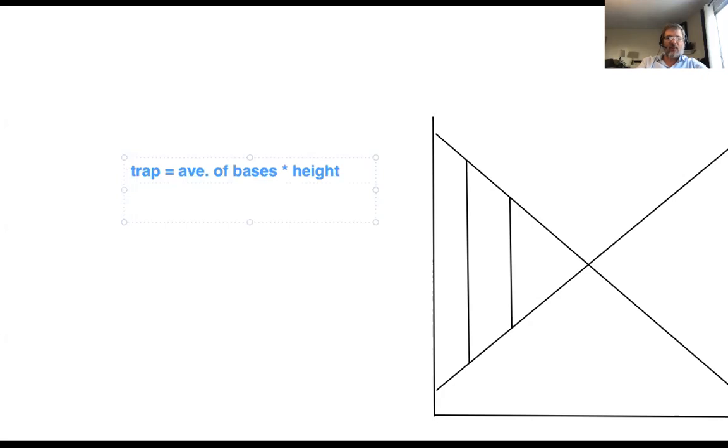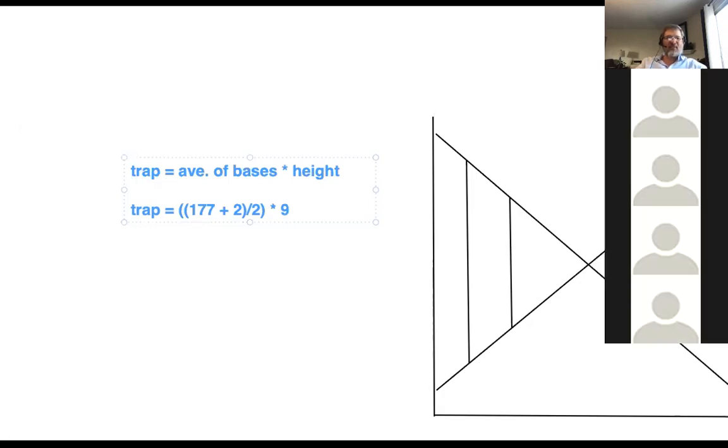And in our example, that would be the trapezoid's area is 177 plus 2 divided by 2, times our height, which was 9. So I'll let you guys tell me what the answer should be.